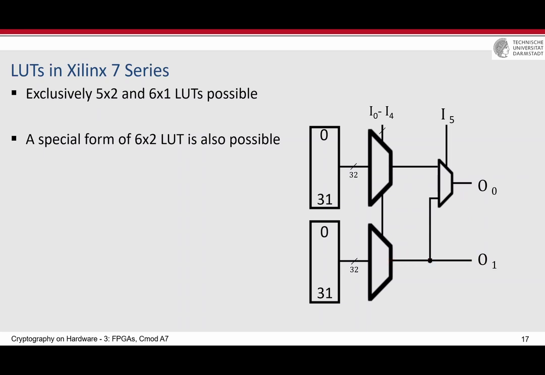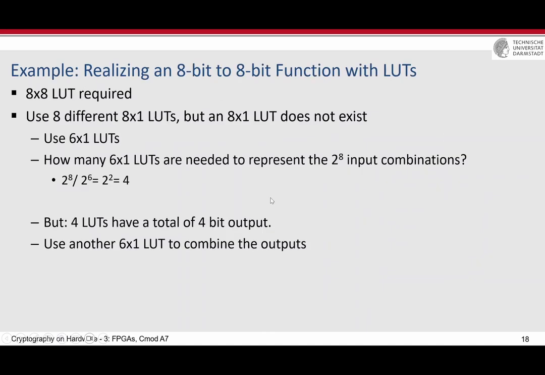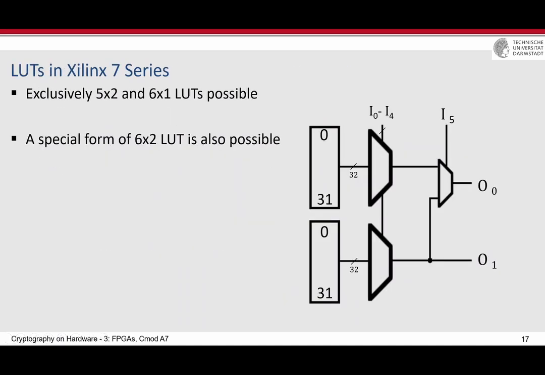For the 6 to 2, if it's completely individual, then you need more logic here to give you exactly 2 individual output bits, and then you need more configuration for that.